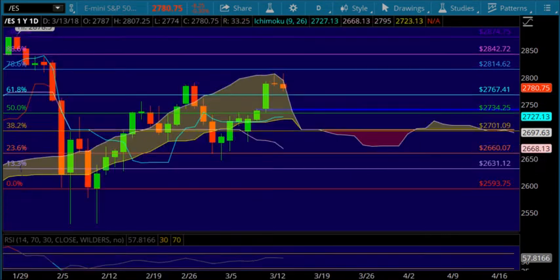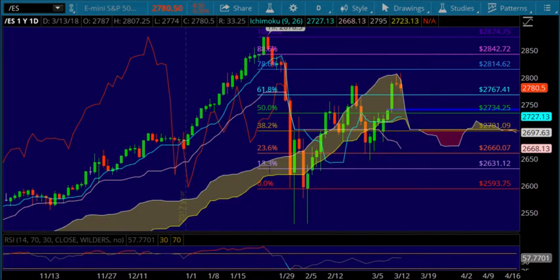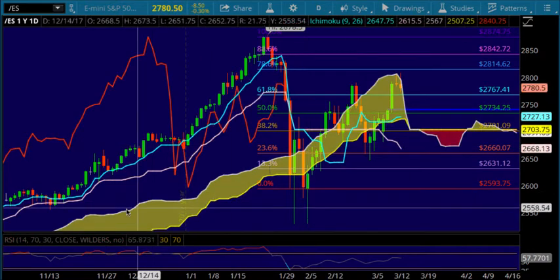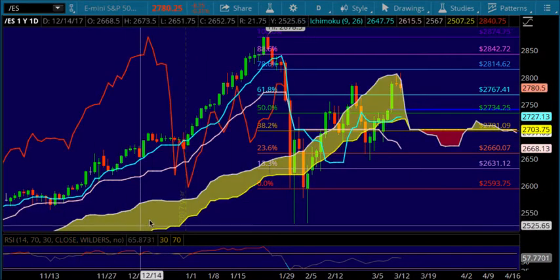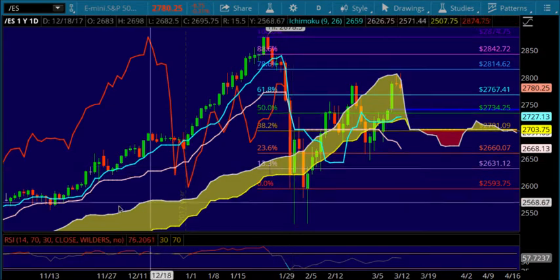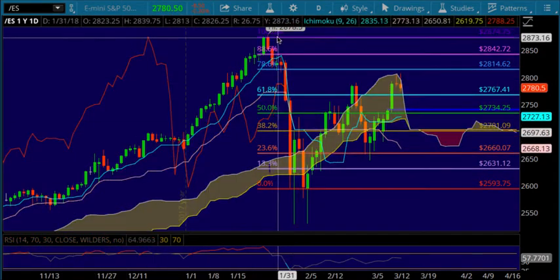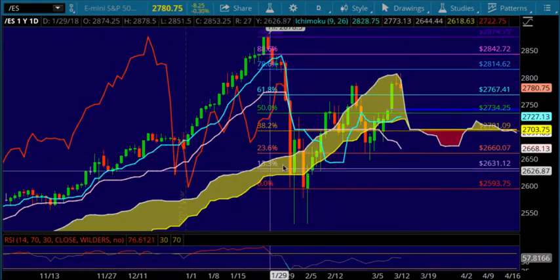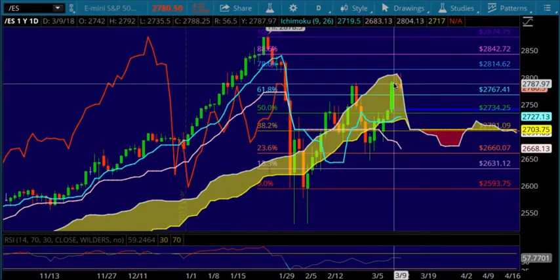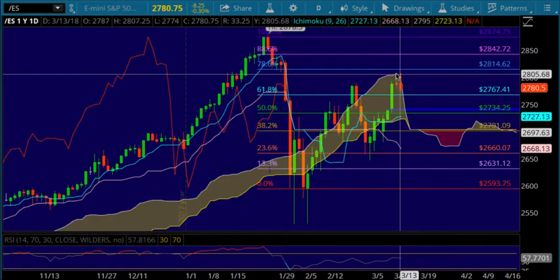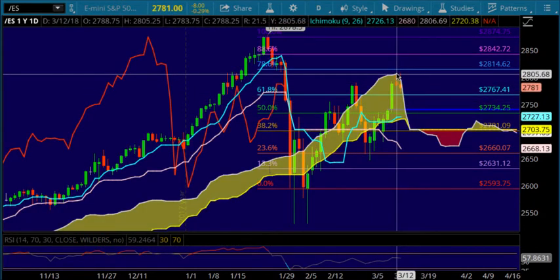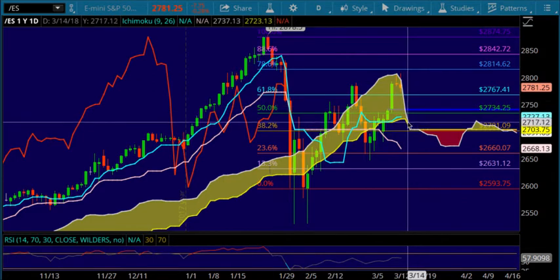So let me zoom out and let's look at the cloud overall. We see that the cloud has been in this really beautiful uptrend, moving up and up and up, and then came to this pinnacle yesterday, and then there's a major cliff drop.